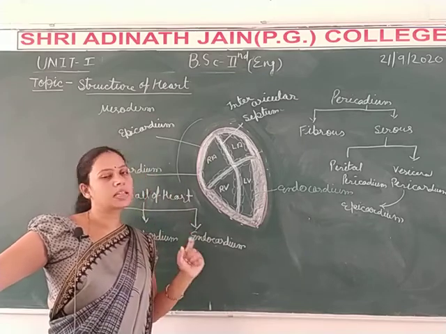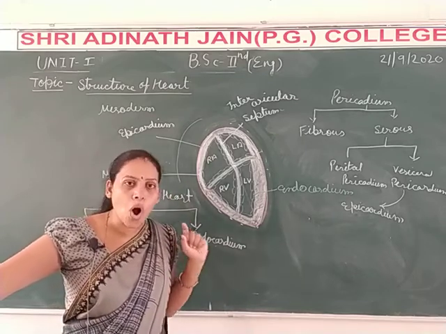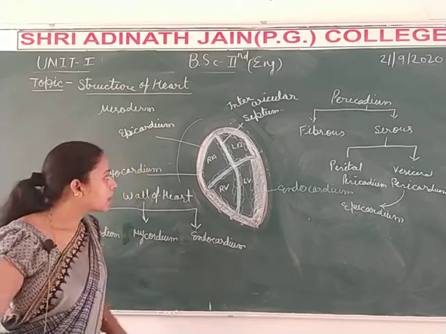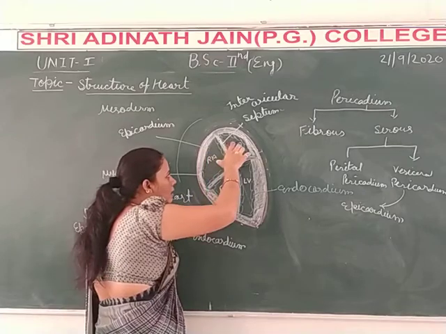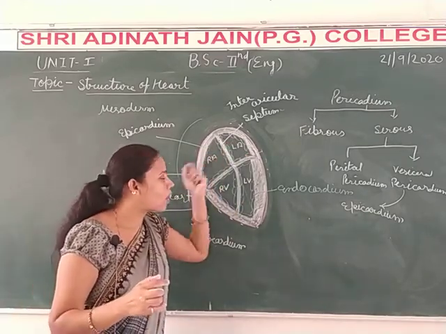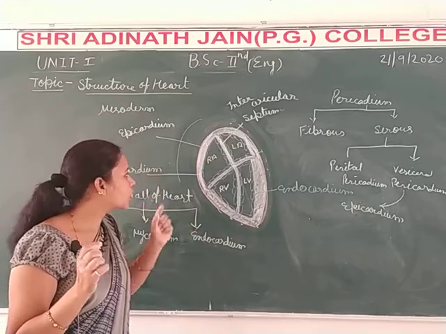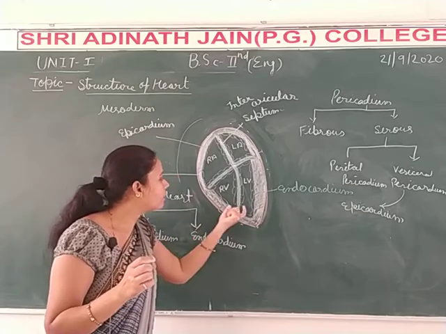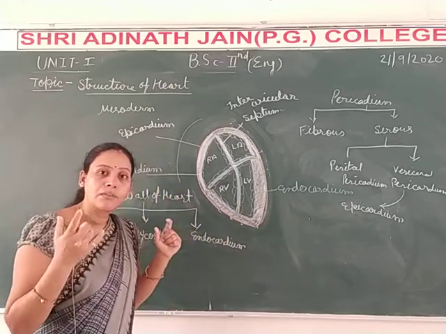If we see the wall of auricles and ventricles, there is a difference. The wall of auricles is thin, and the wall of ventricles is thick. Why?